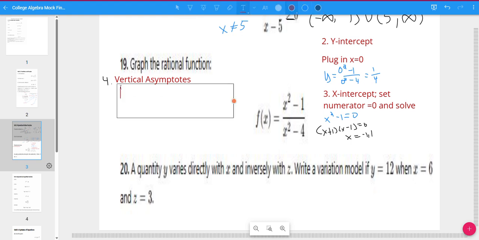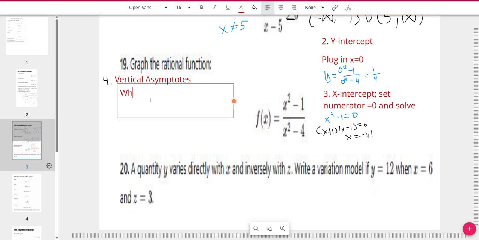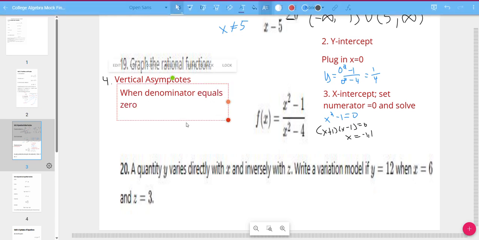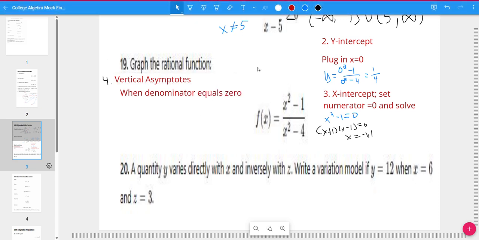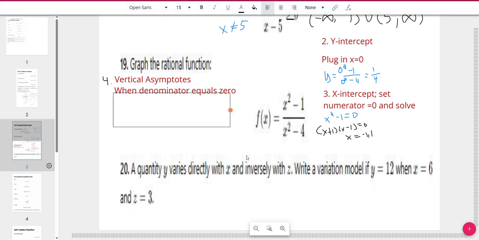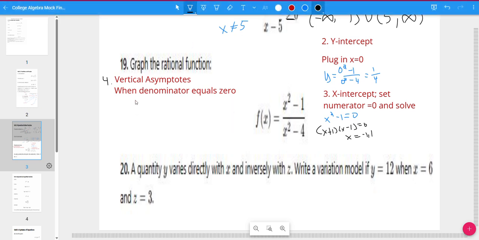They happen when denominator equals 0, because in our class we don't have to worry about holes. So I say x squared minus 4 equals 0.